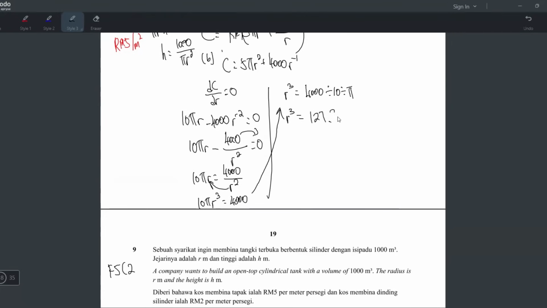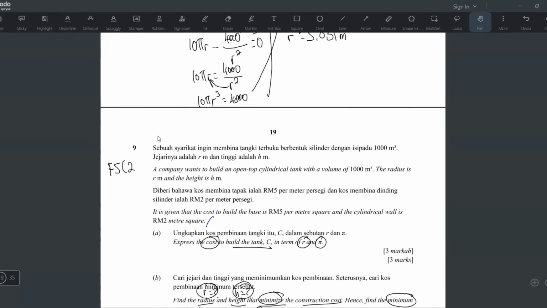So 127.31, and now I will use the answer button. I will press cube root answer. So your cube root answer will be 5.031. If you write in four significant figures, it's 5.031 and it's in meters. Yeah, it's in meters because it's the radius, right?